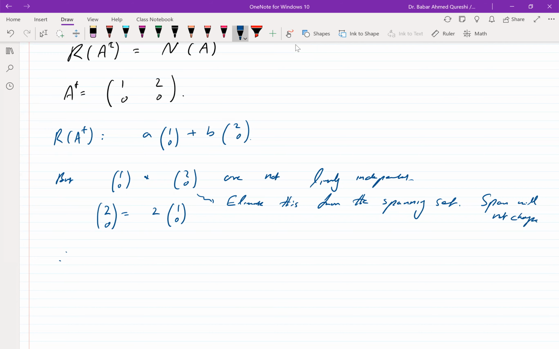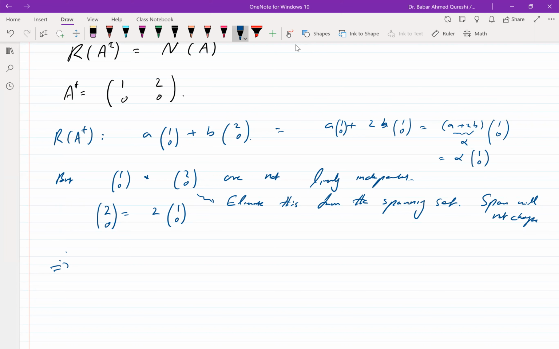So therefore, this just becomes A plus 2B times 1 0. And this you can write as another number, alpha 1 0.